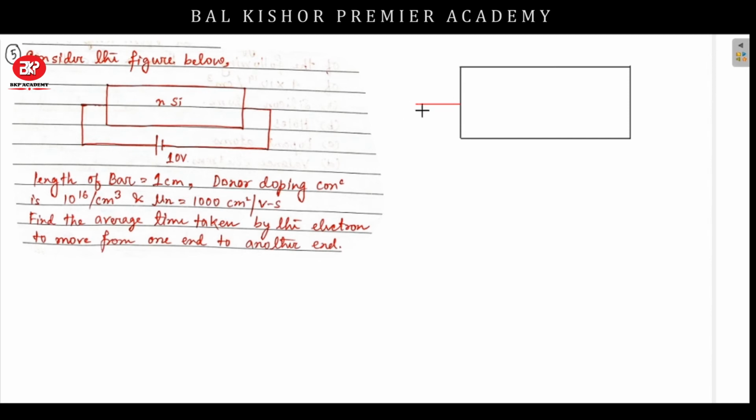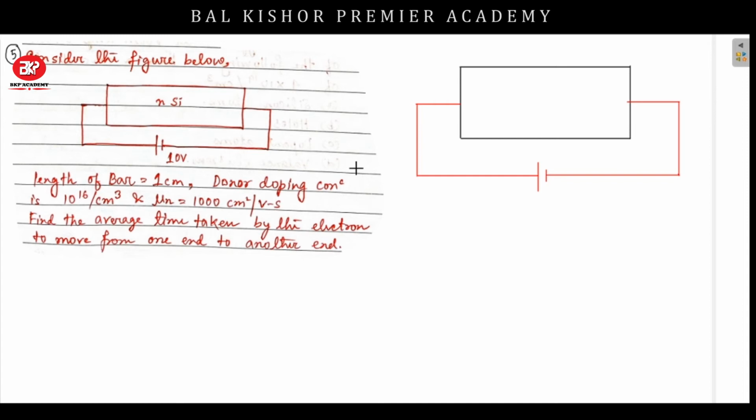So 10 volt has been applied in this way, like this. The positive polarity is at the left side. So this is the positive polarity, this is the negative polarity.